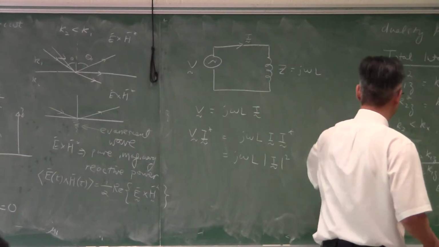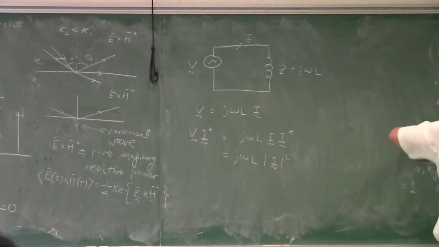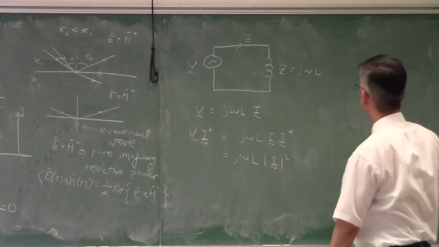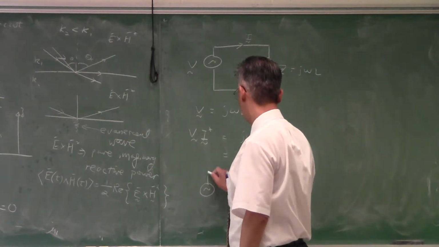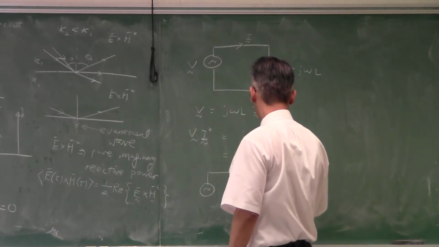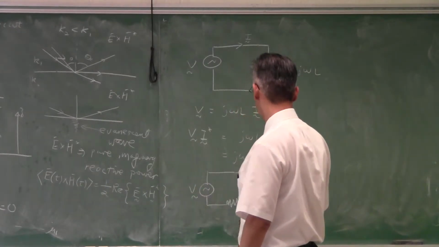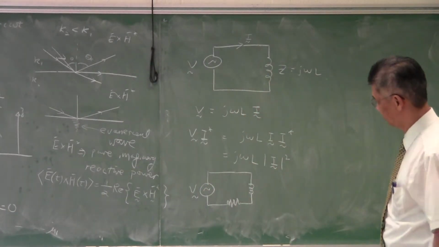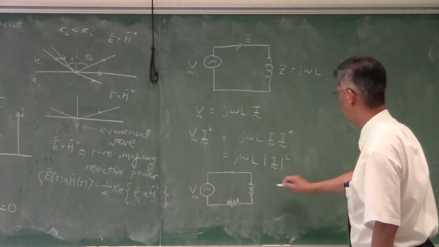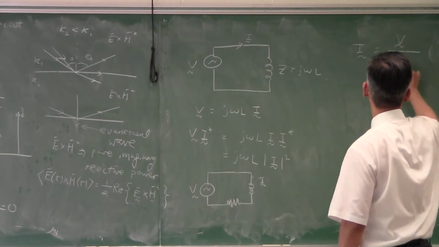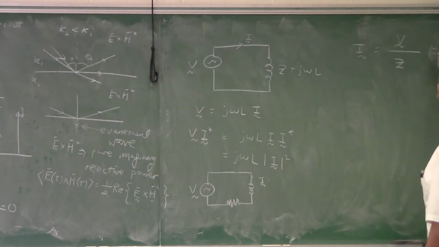But then you can also set up a situation where there is both real and reactive power by putting in a resistor, so that some power will be dissipated. In this case, I would be equal to V tilde over Z, and Z is equal to j omega L plus R, right?